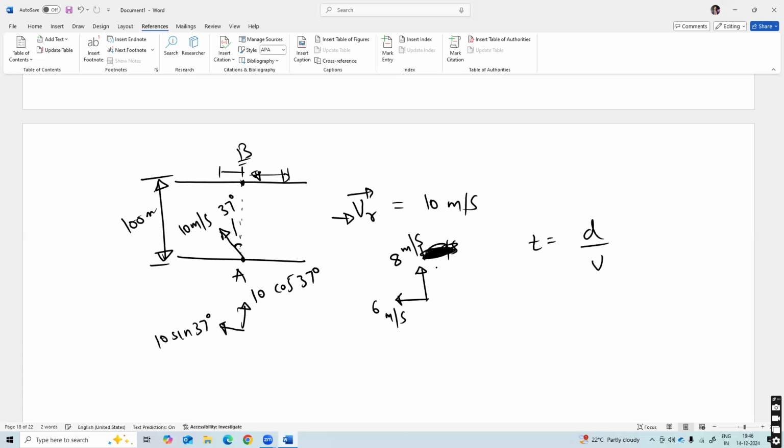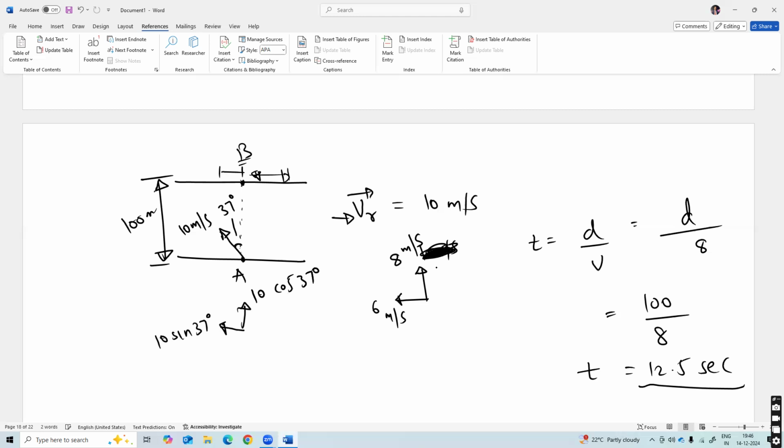To find the time taken to cross this river, the vertical component of velocity will matter for us. So it will be d upon 10 cos 37, which is 8, so 100 upon 8. That will be 12.5 seconds. So he takes 12.5 seconds to cross the river, and this is the total timing of swimming.